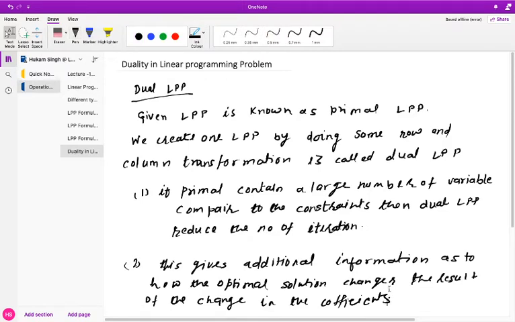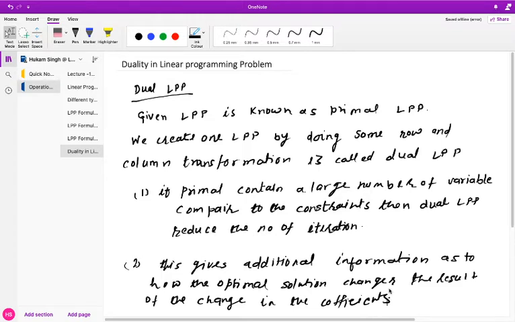Because till now we were trying to minimize the cost or maximize the profit of the objective function. But with the help of this dual LPP, we will get to know if we add one additional resource, then how much the profit is going to be increased. If we reduce one resource, how much the cost is going to be affected. So that information we can get by analyzing the dual LPP.